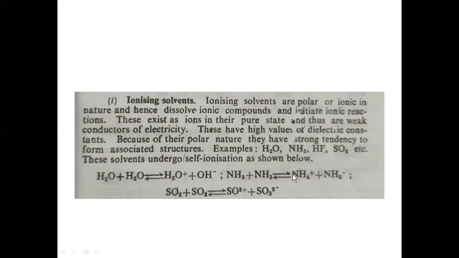Ammonia leads to the formation of ammonium ion, NH4 plus, and amide ion. Sulfur dioxide again leads to the formation of a cation and an anion. A positive ion is formed, a negative ion is formed.